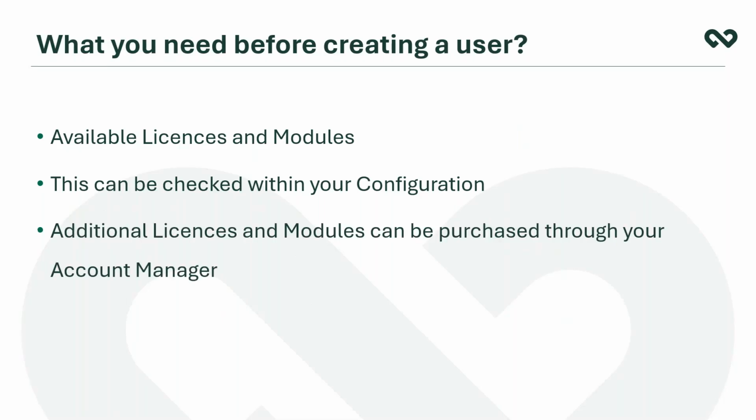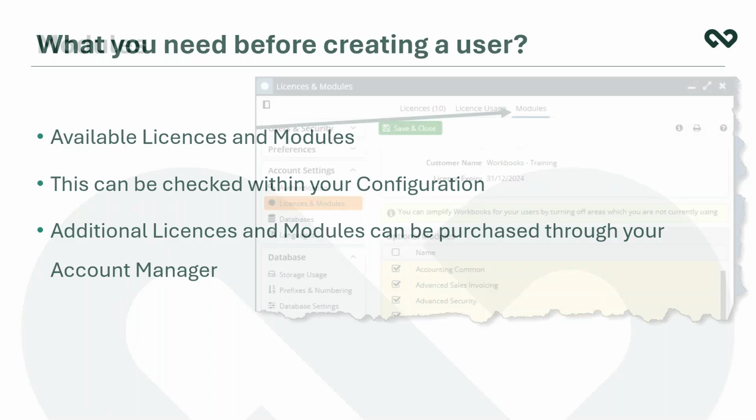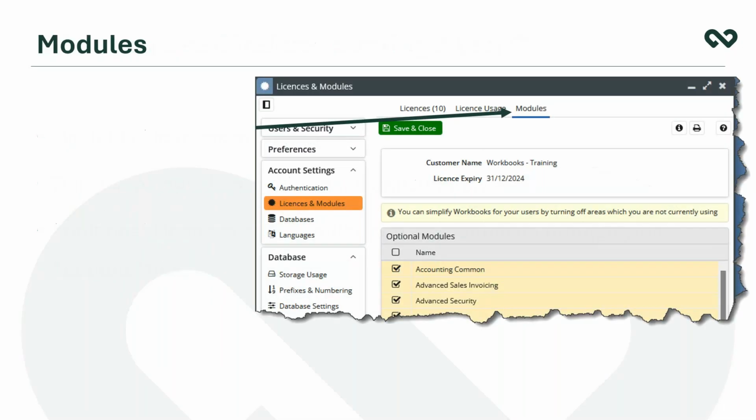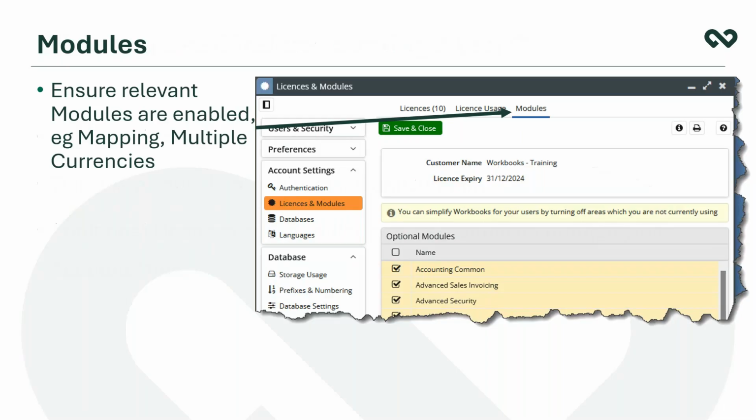And if you do need any additional licenses or modules, your account manager would be able to help with that. But once you've checked to see that you have the modules that you need, you'll need to confirm that they've been enabled. Examples of modules you may have could be the mapping module, multiple currencies, or the exchange sync.